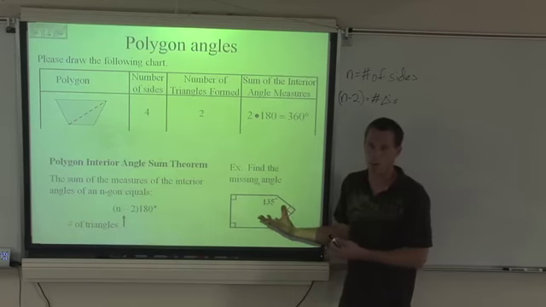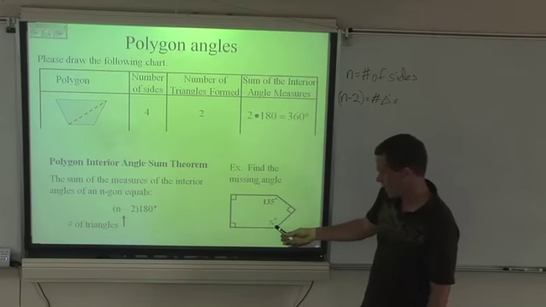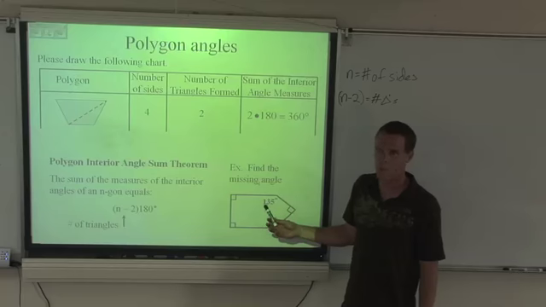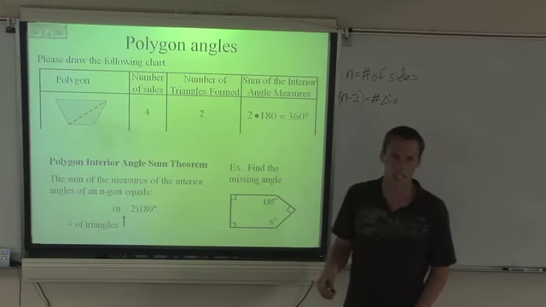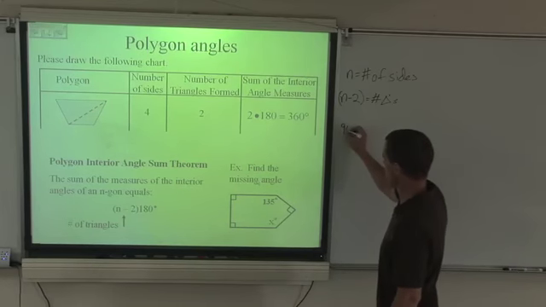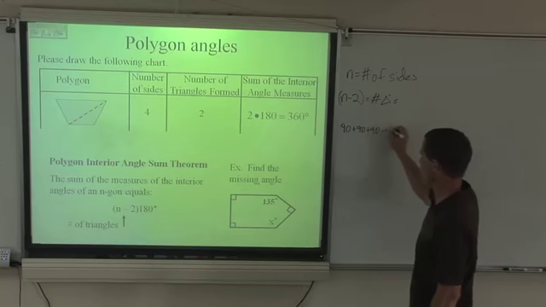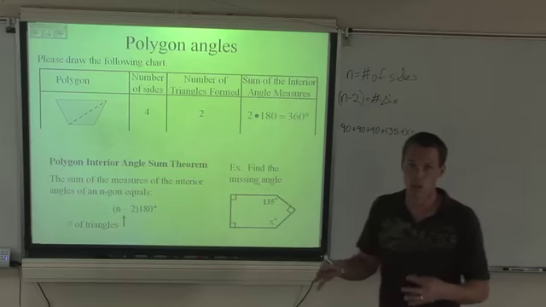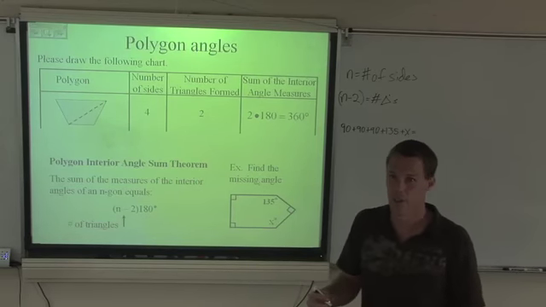Now here's an example problem of how we could utilize this material. We have one missing angle. I have three 90-degree angles and one missing. I have 1, 2, 3, 4, 5 sides. So there are two things I can say. 90 plus 90 plus 90 plus 135 plus x equals the total of all 5 angles added together.